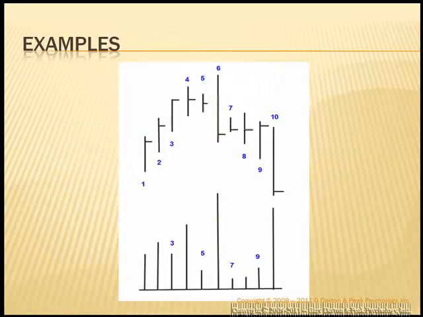All right, so let's go through a little hypothetical example. I'll do the first couple of bars here, and then we'll go through all of them. Bar number 1: we don't really have any information about it, so we won't talk about that.